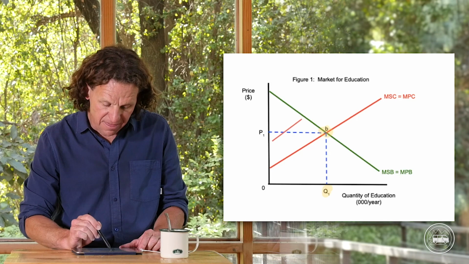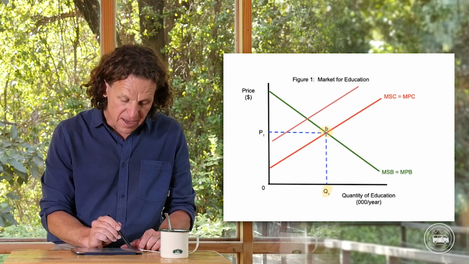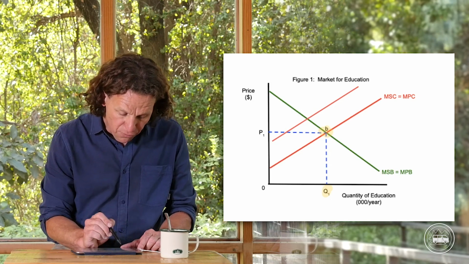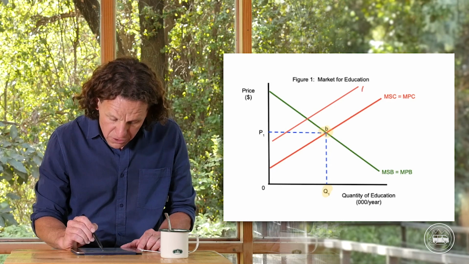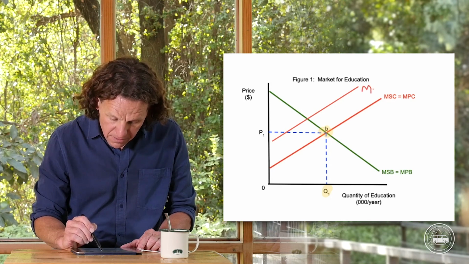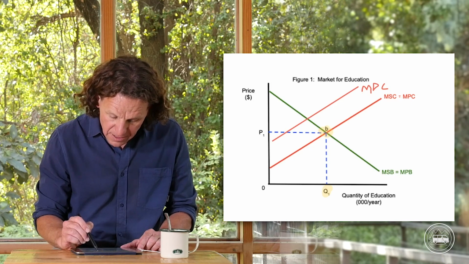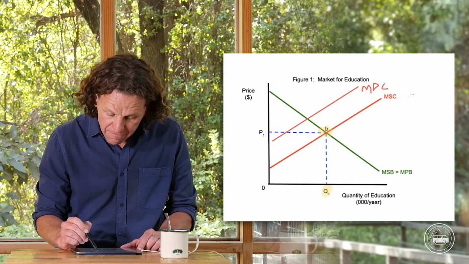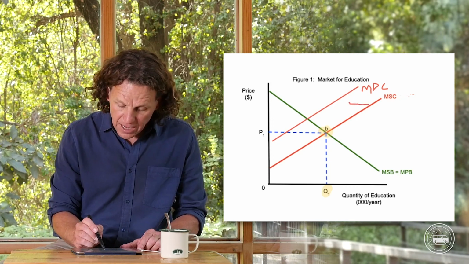a situation like this. Okay, where the marginal private cost of education is higher than what it would be if it were at the socially optimal level of output.